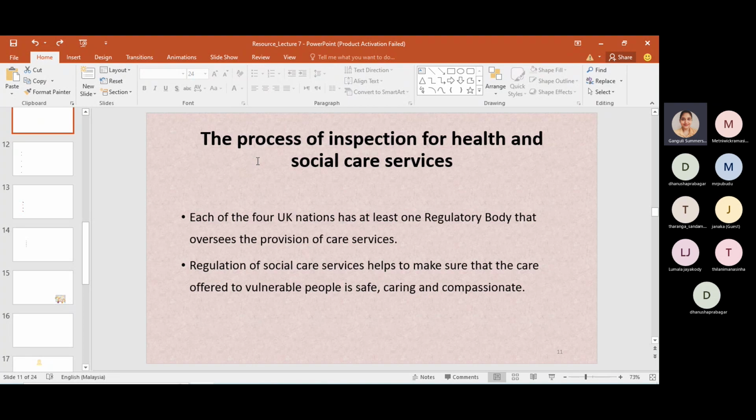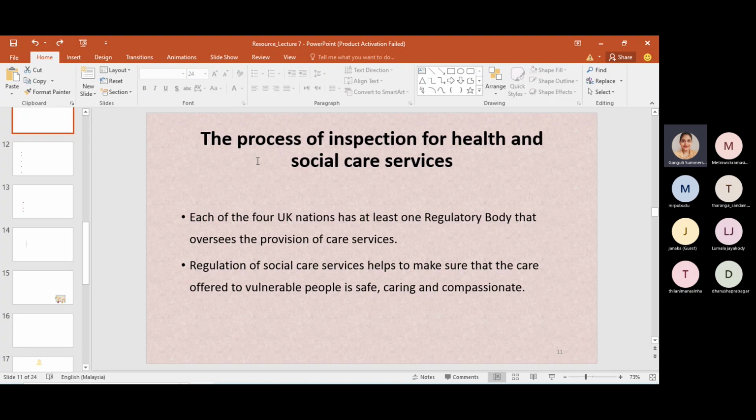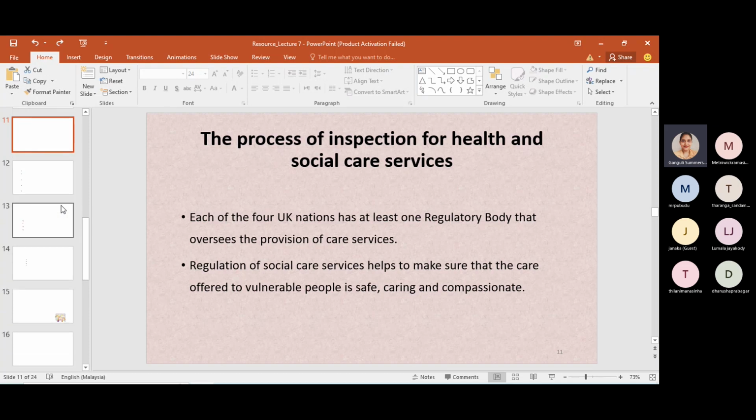So now we are going to learn how the process of inspection takes place. What are the steps in the process of inspection? From here onwards you will learn about how inspection happens in health and social care services.